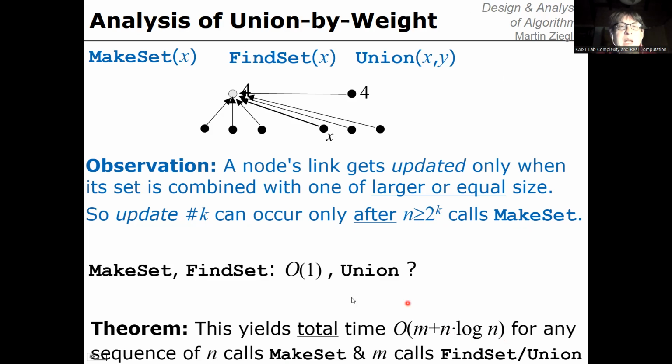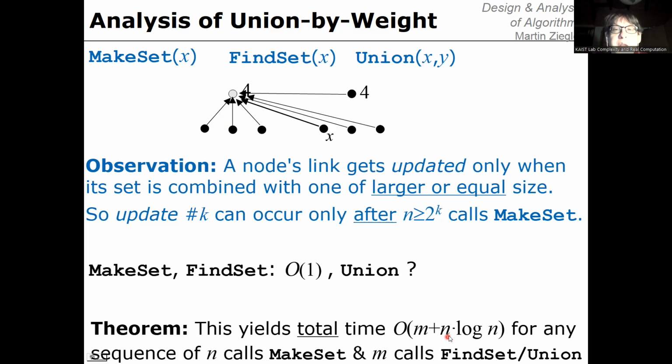Namely, we already analyzed that the cost of make set is constant, the cost of find set is constant, and for the amortized cost of union, for each of the n points, an update can occur at most log n times.